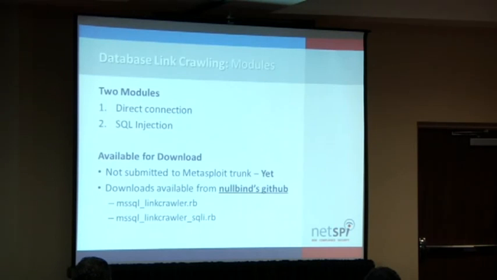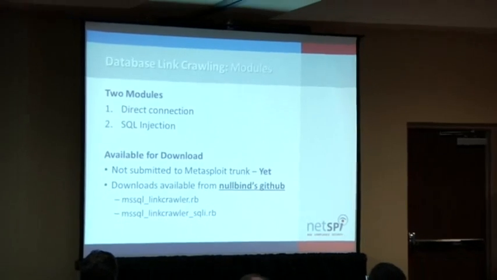It will crawl through all the links that it can find, check the permissions on all those links, and if there is a server with sysadmin privileges or link with sysadmin privileges, it will then try to deploy a payload.